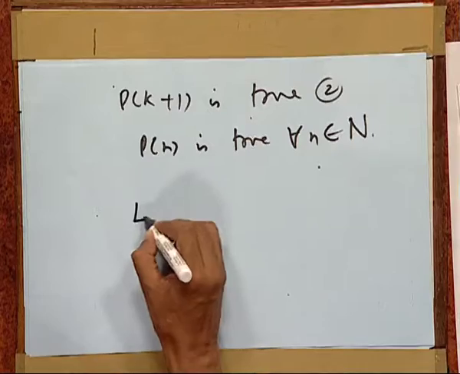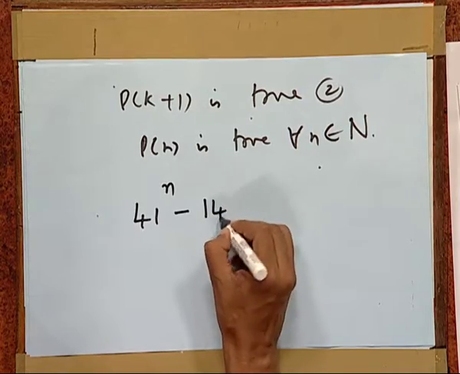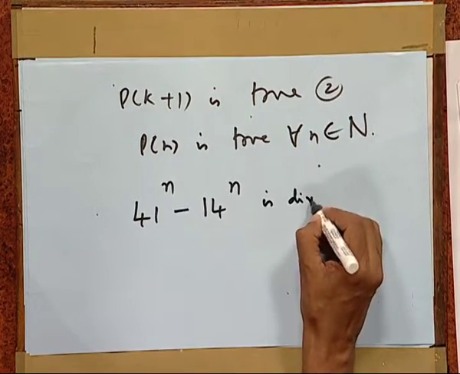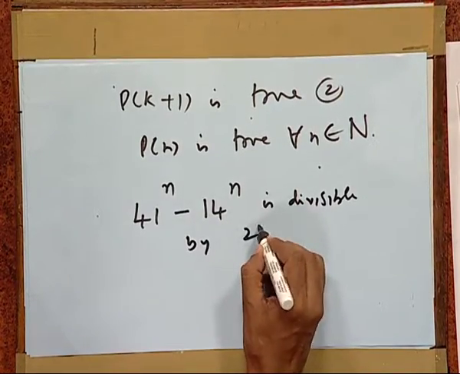We can take one more such example in which we have to discuss divisibility. Suppose we have to prove that 41 raised to power n minus 14 raised to power n is divisible by 27. As before, first we check the result for n equal to 1.